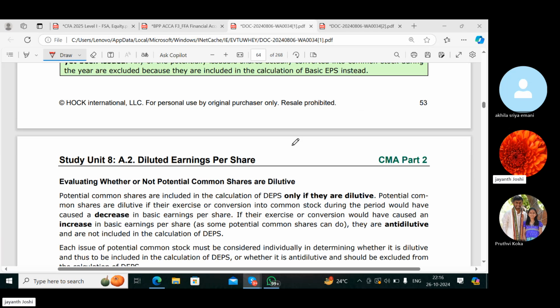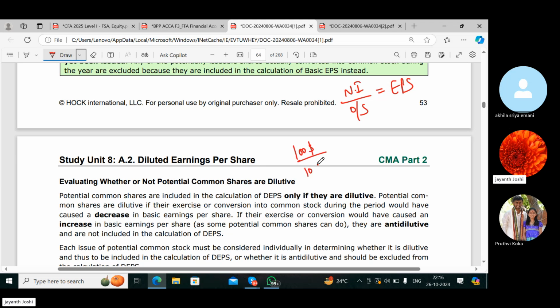but when the number of shares increases, you'll get less earnings in your hands. How? Let's say I calculate net income divided by outstanding shares as my EPS. Net income is, let's say, $100.